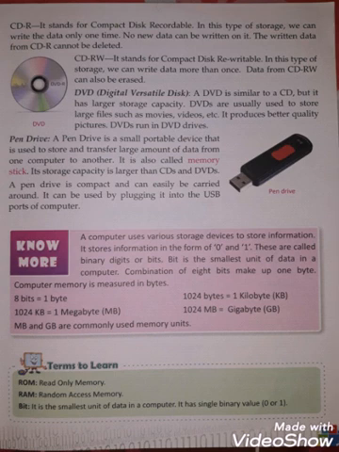So CD-R is where you can record; there is a possibility of writing data on CD-R once. That means you can write data on it one time, but whatever you have written once cannot be deleted. You cannot rewrite it. You cannot write again. Next is CD-RW.